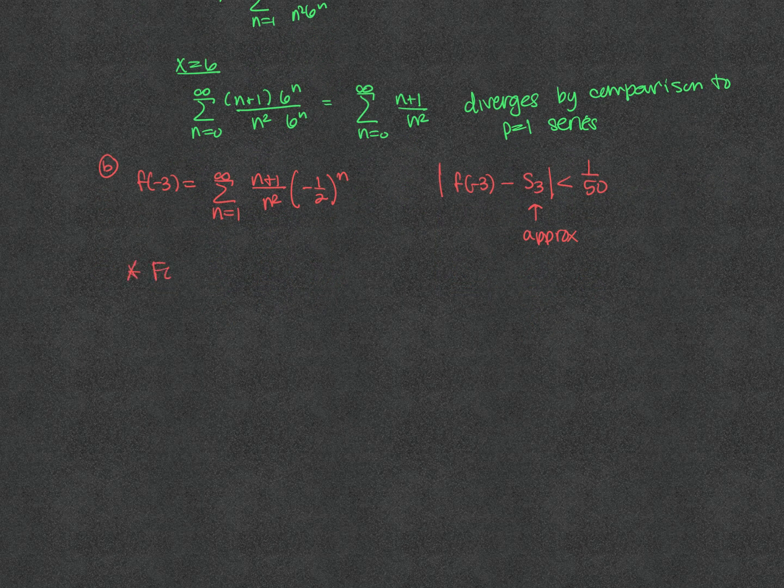So for a convergent alternating series, the error is less than the first omitted term.